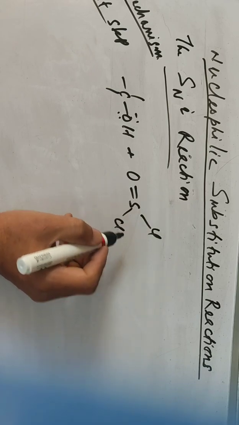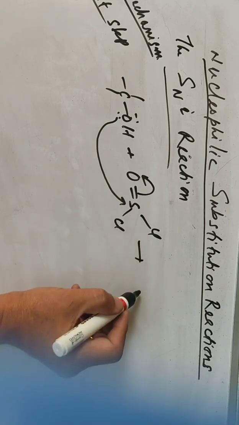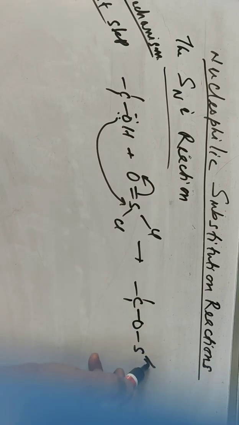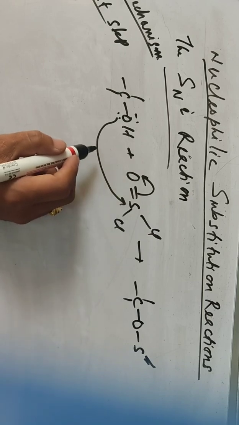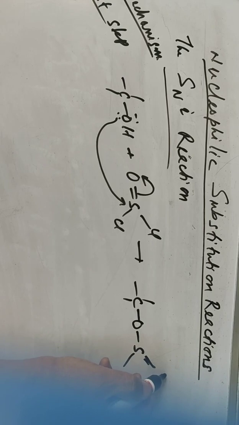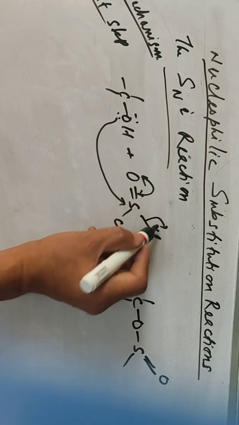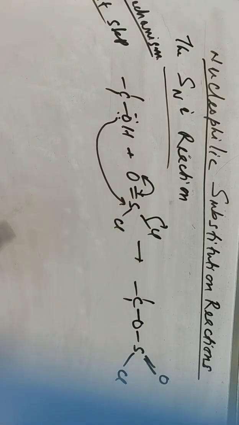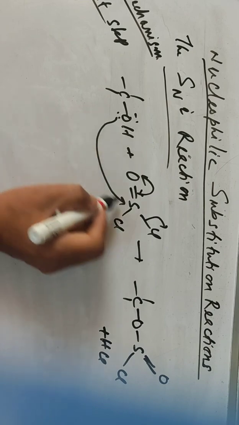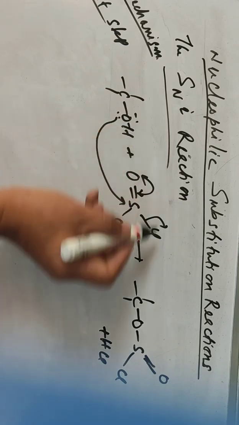The oxygen attacks the sulfur, one chloride leaves, and coming back again it loses this hydrogen, which combines with chloride to give HCl.